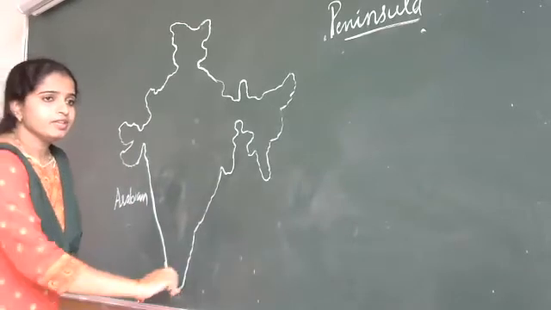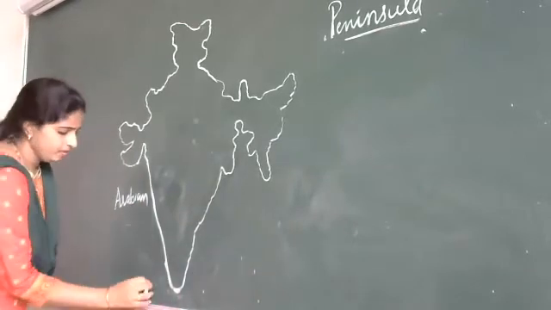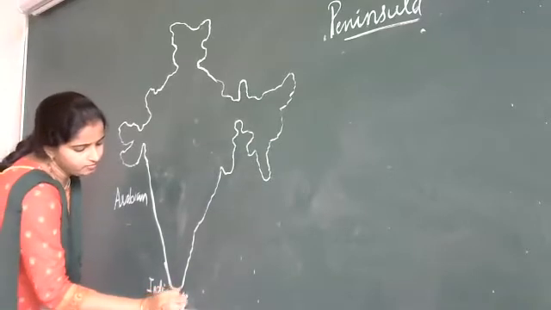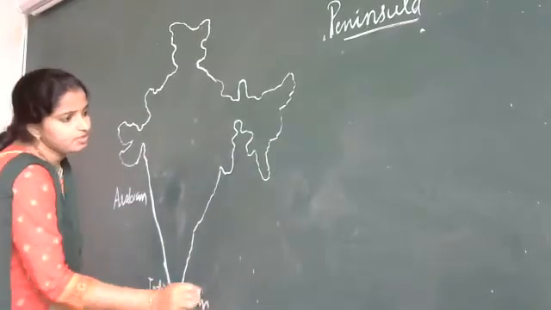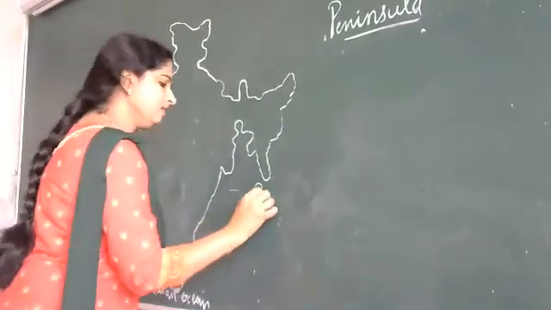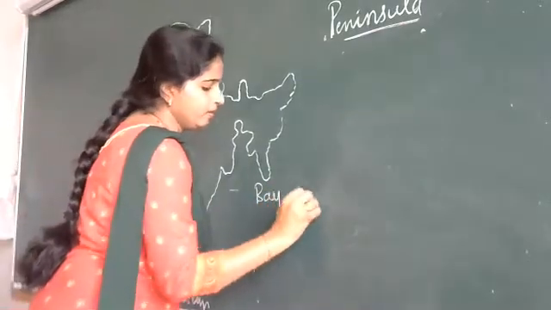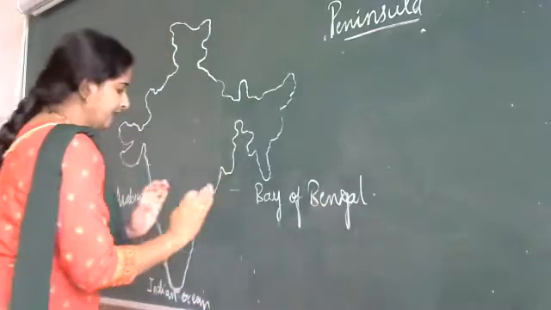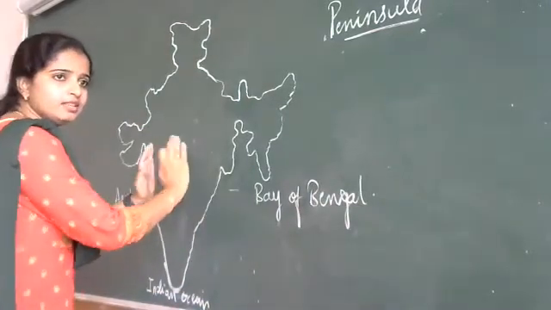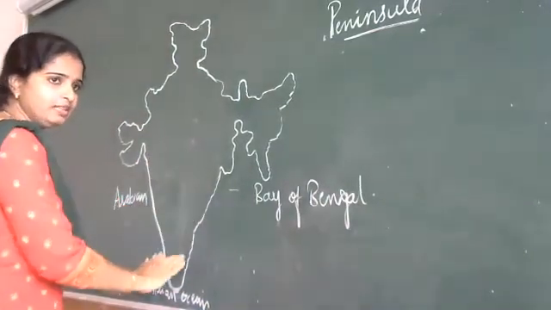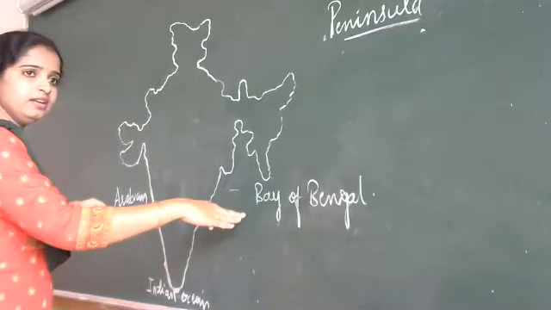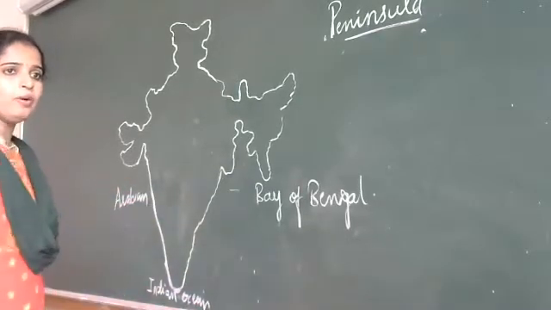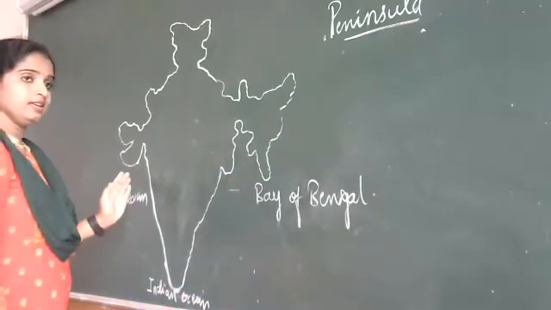Arabian Sea. Here, Indian Ocean, and here Bay of Bengal. So this south part of India is surrounded by water from three sides.